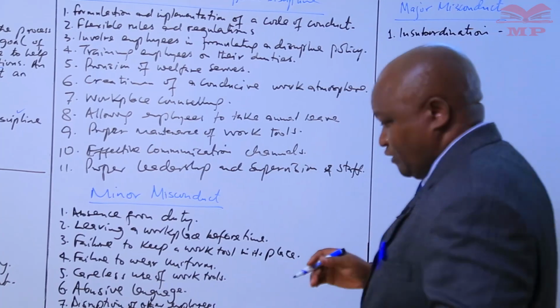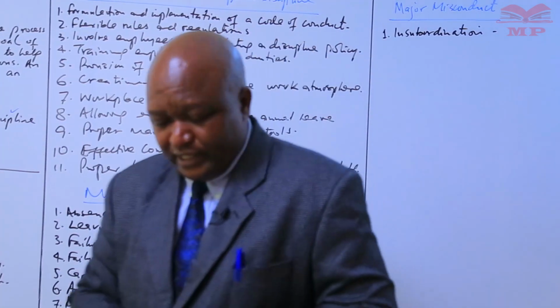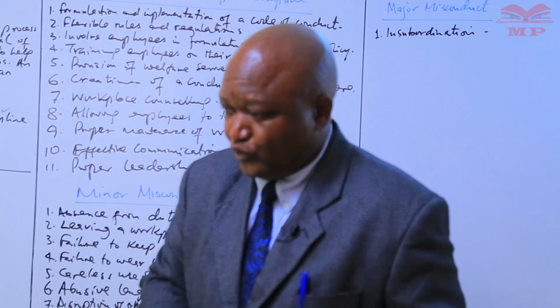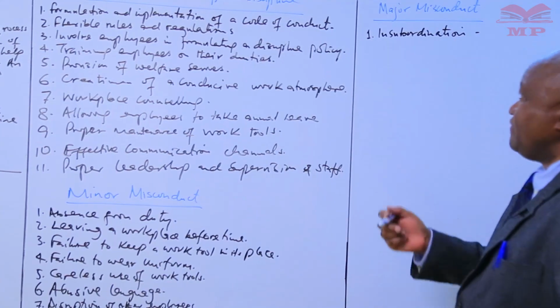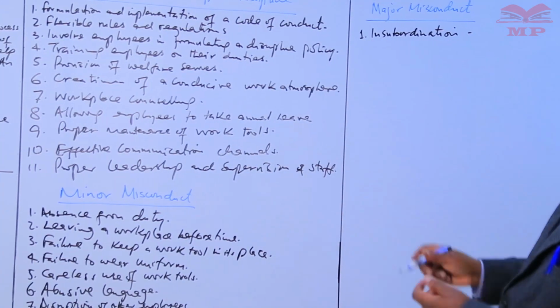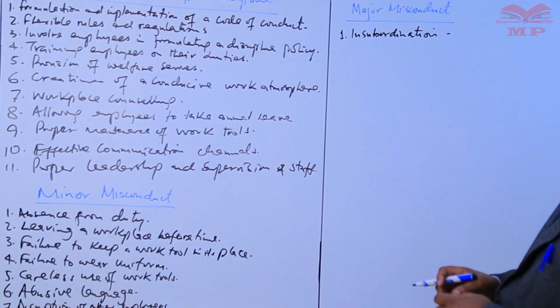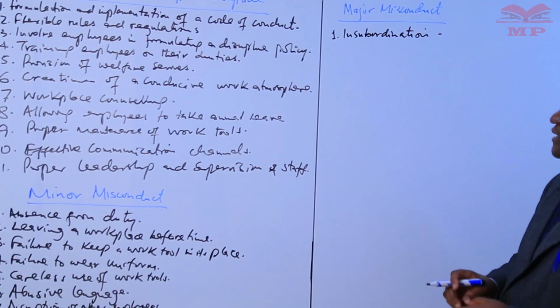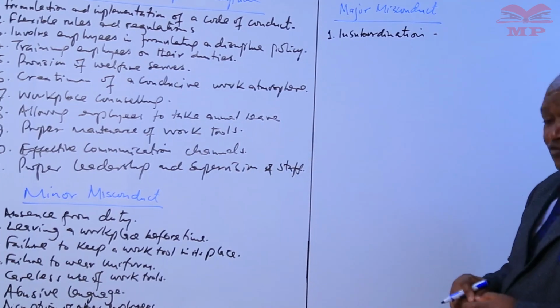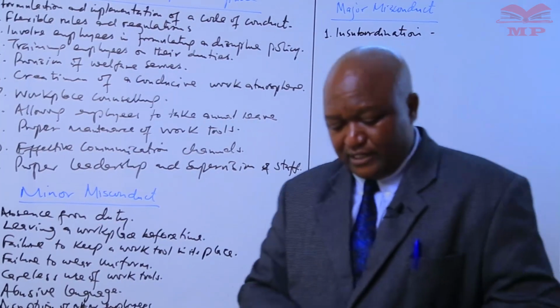This is a situation where an employee does not adhere to formal instructions given by a supervisor or a superior in a workplace. This one is considered to be a very serious breach of conduct, and sometimes it may call for what is referred to as a summary dismissal.